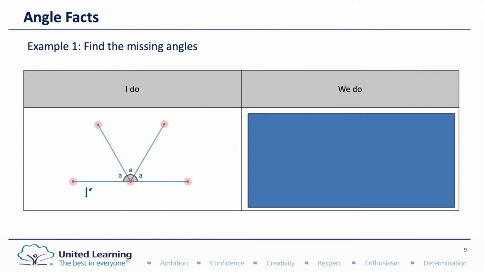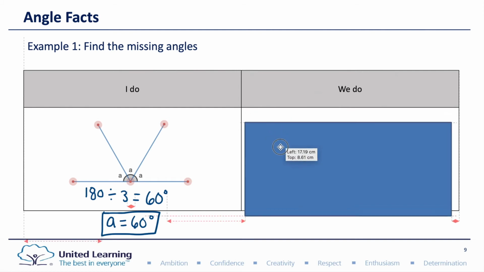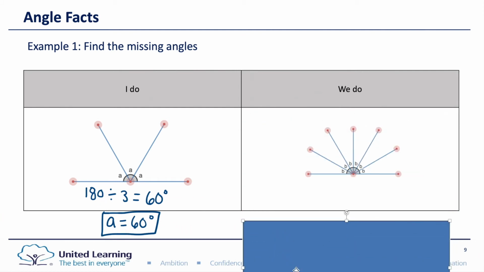So what I'm going to do is 180 divided by 3 equals 60 degrees. So I know that each of these angles, or A, is equivalent to 60 degrees. Can you guys please take a second and draw this diagram and attempt to find the value of B?